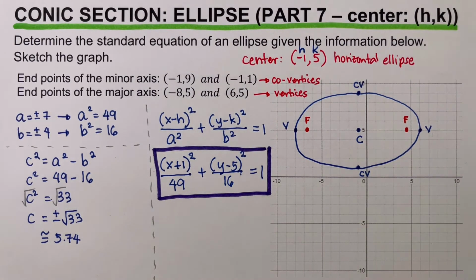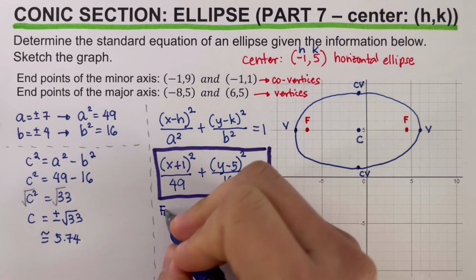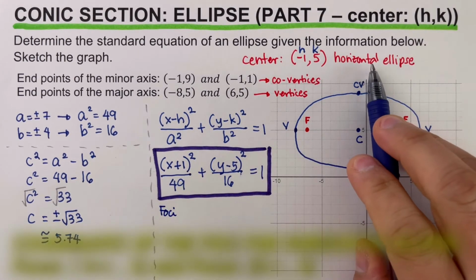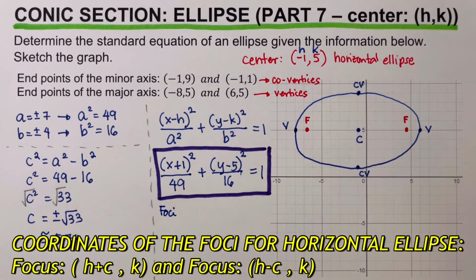So now we can write the coordinates of the two foci. Since this is an example of a horizontal ellipse, we remember that the foci for a horizontal ellipse are h plus c comma k and h minus c comma k.